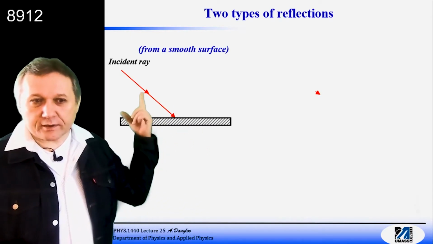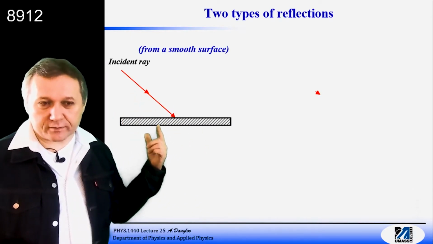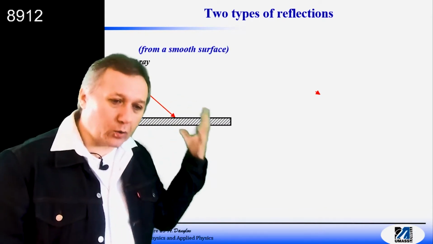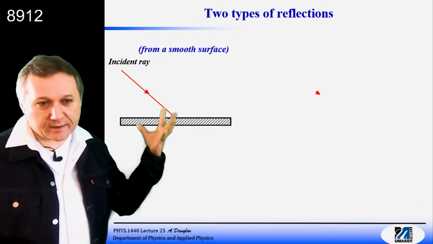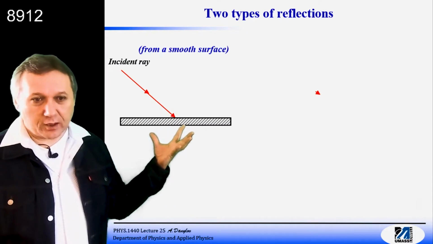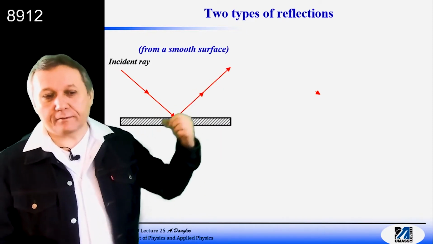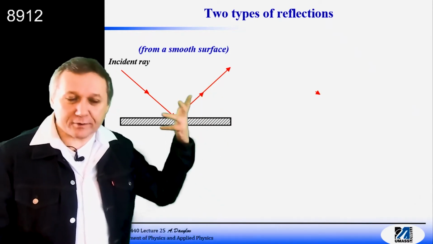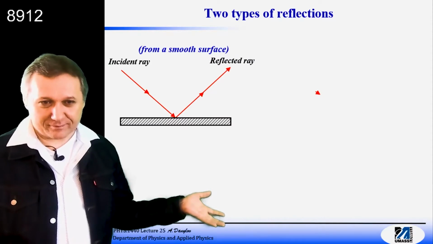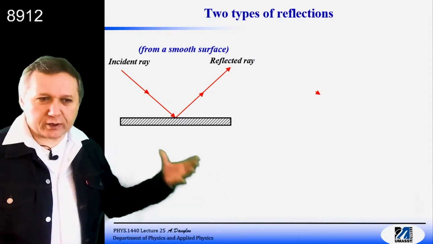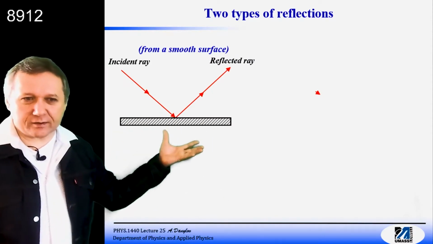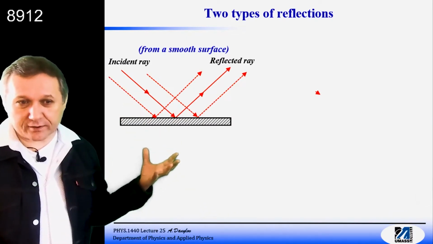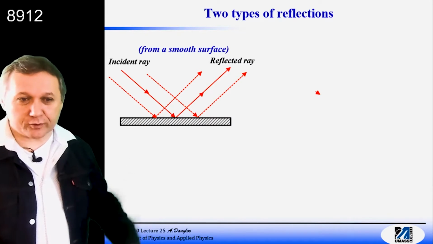This ray, which hits the surface, or is incident on the surface, we call an incident ray. Of course, this ray will be reflected, and we call it a reflected ray. Then you can draw more than one incident ray, and more than one reflected ray, so you can draw something like this.